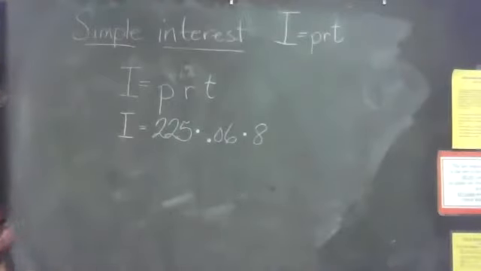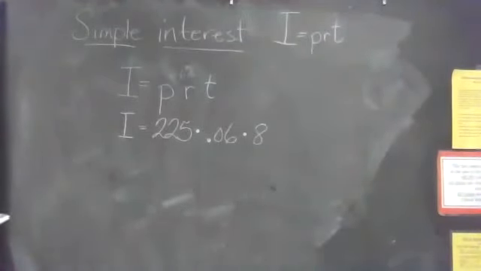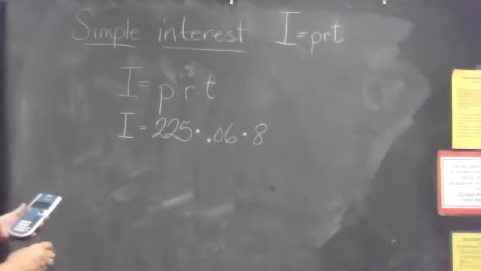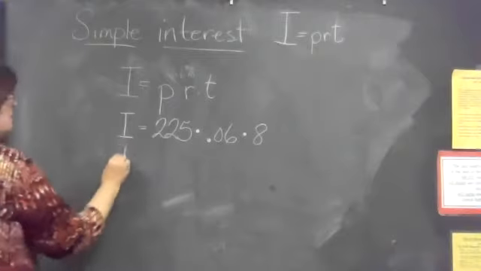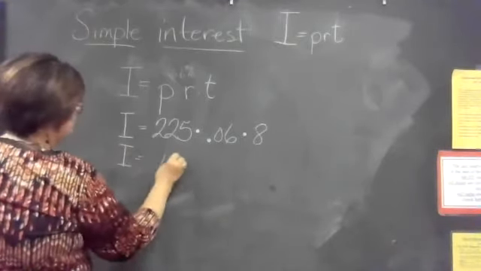And then to find the interest, all you do is multiply. So we take 225 times 0.06 times 8, and the interest equals $108.